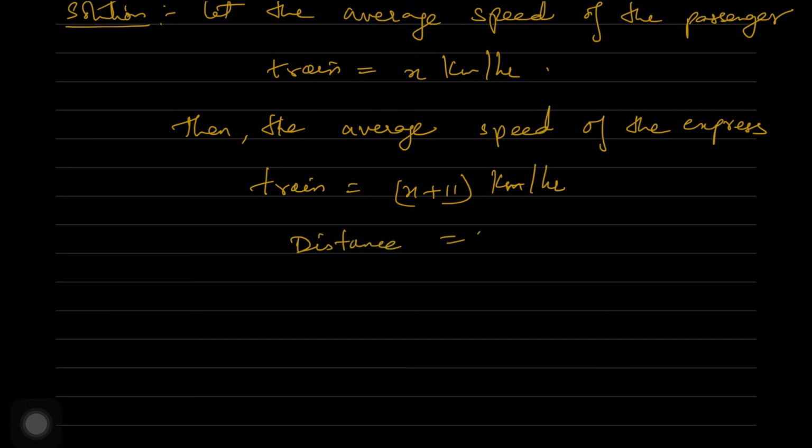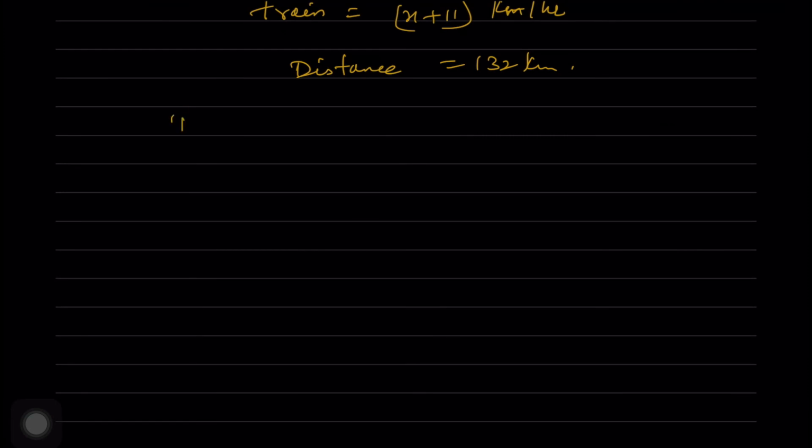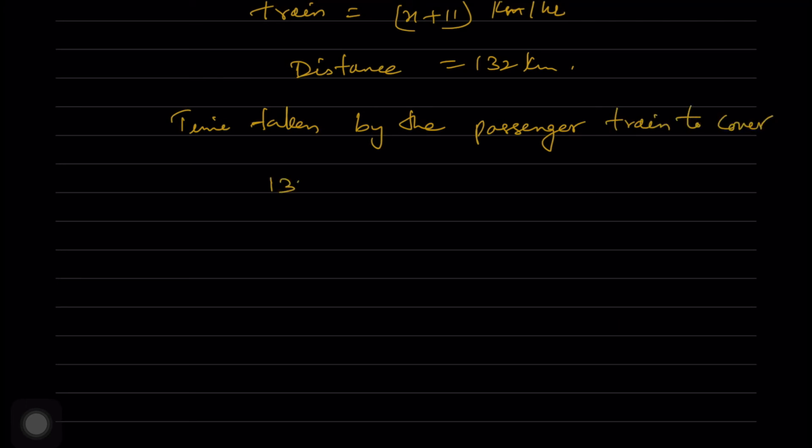So distance is equal to 132 kilometers. Time taken by the passenger train to cover 132 kilometers is equal to 132 by x hours.